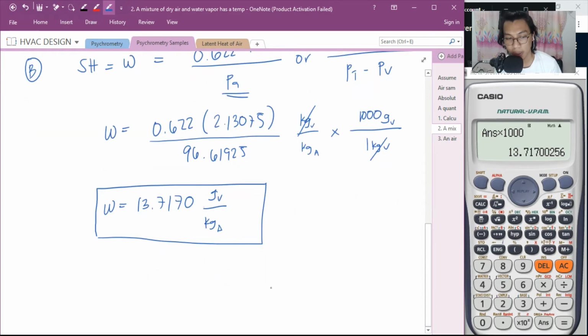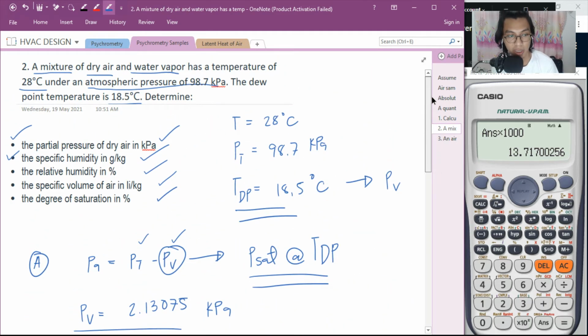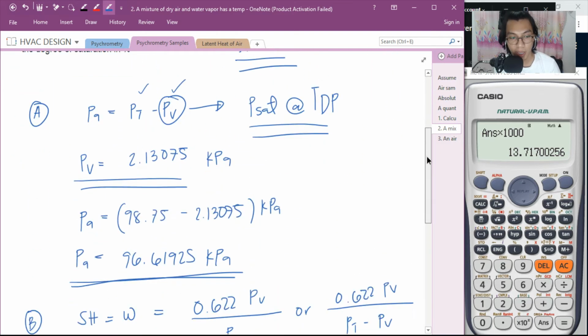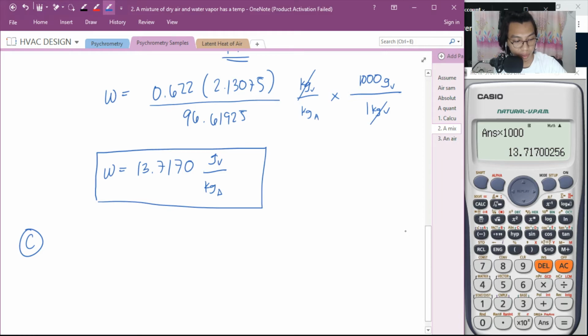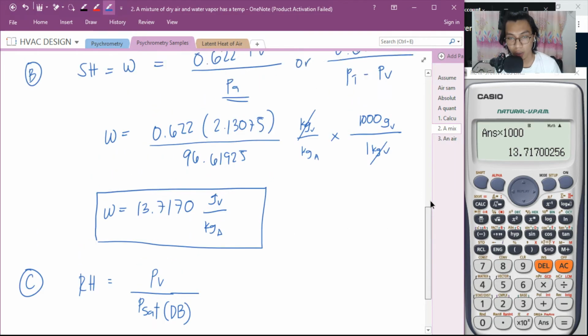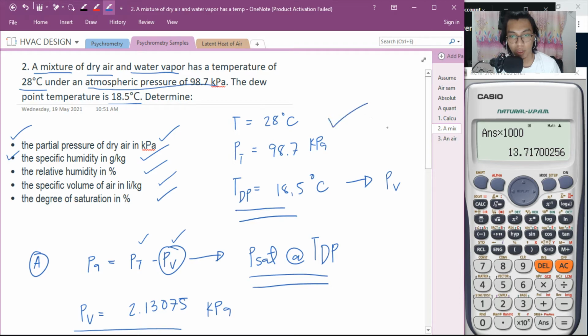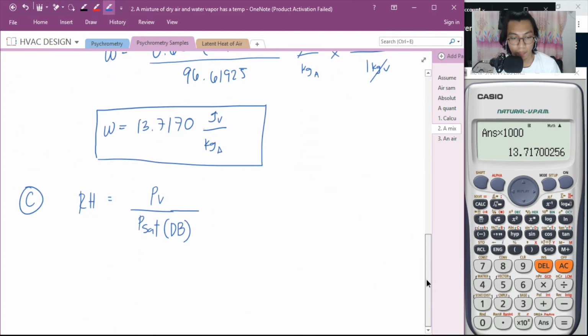How about part C? What is part C? Part C, the relative humidity in percentage. RH. Okay? RH is equal to PV over PSAT at dry bulb. Ano ba yung given na dry bulb mo dyan? Tignan nga natin. Ito, 28 degrees Celsius. Now, what is the pressure saturation at the dry bulb temperature?